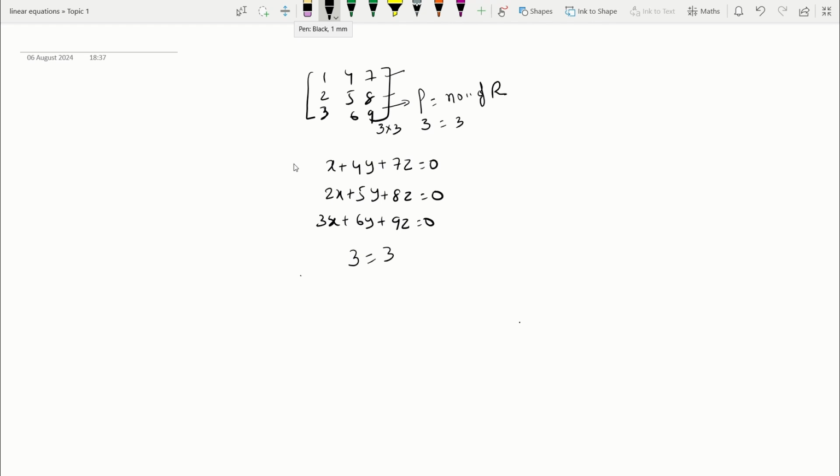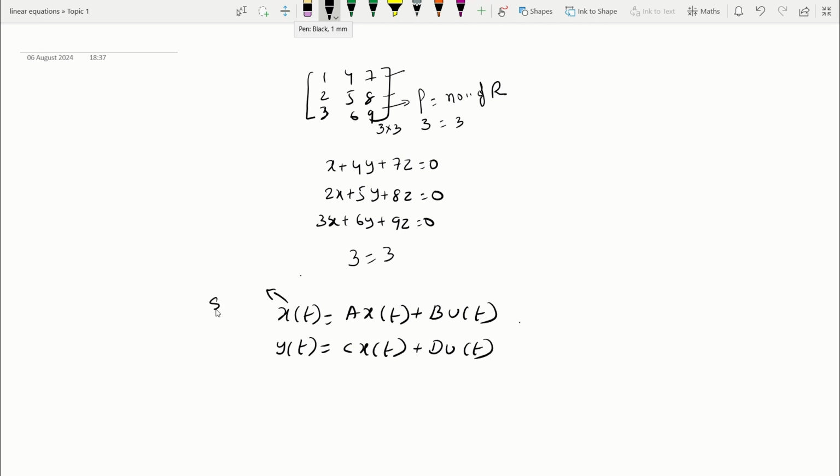When the vehicle is moving from one place to another place, how will it move? We will apply some energy for it to move, right? That we can convert in terms of equations, which you can call a linear time invariant system, in state space form. For example, x dot of t is equal to A into x of t plus B into u of t. One more I can write, y of t is equal to C into x of t plus D into u of t.